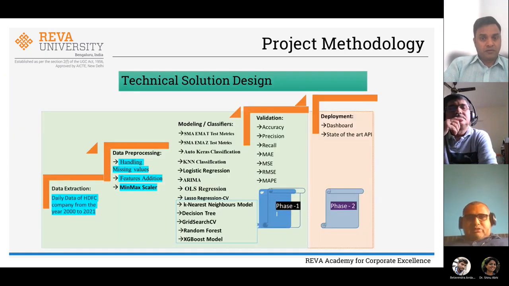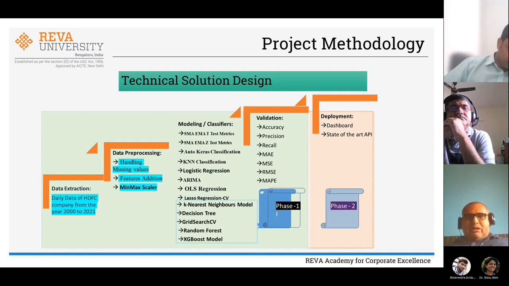Then our project methodology: as I said, we'll initially start with statistical analysis techniques, which will be hypothesis testing. In hypothesis testing we'll be using a one sample t-test and a one sample z-test.